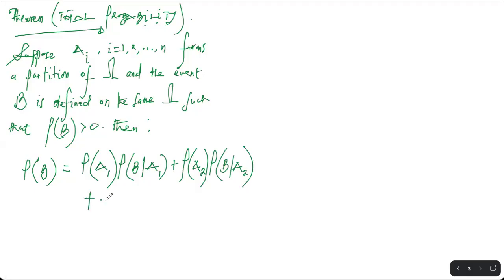Plus all the way to the probability of An multiplying the probability of B given An.